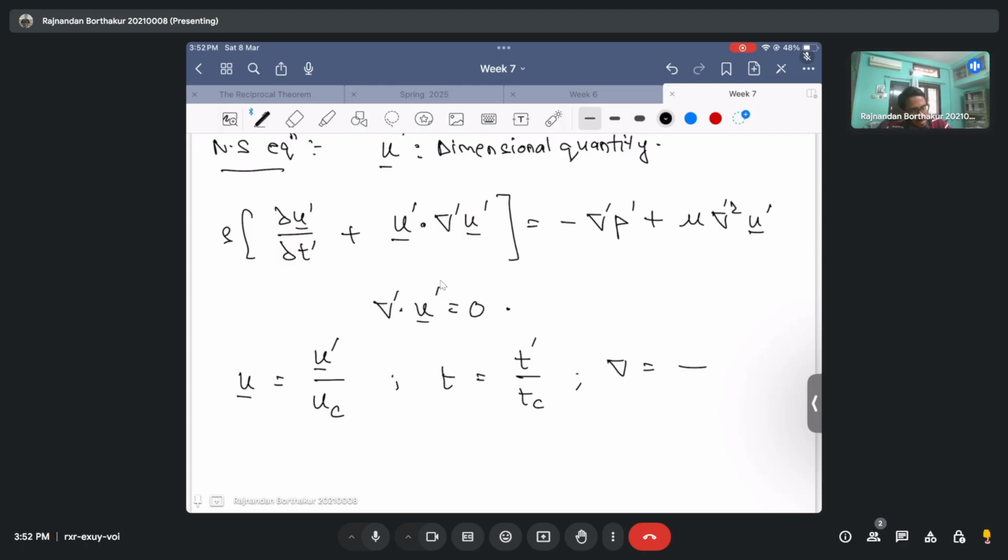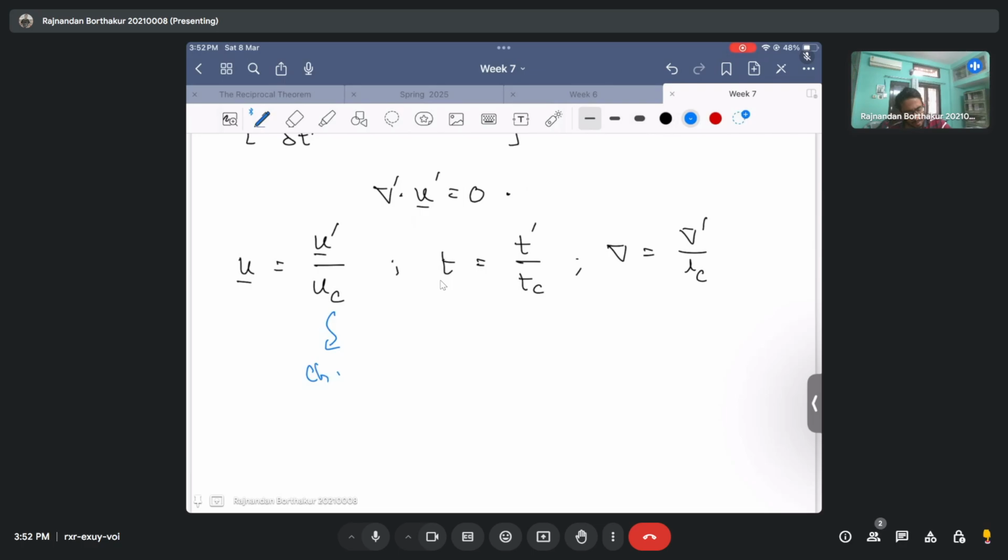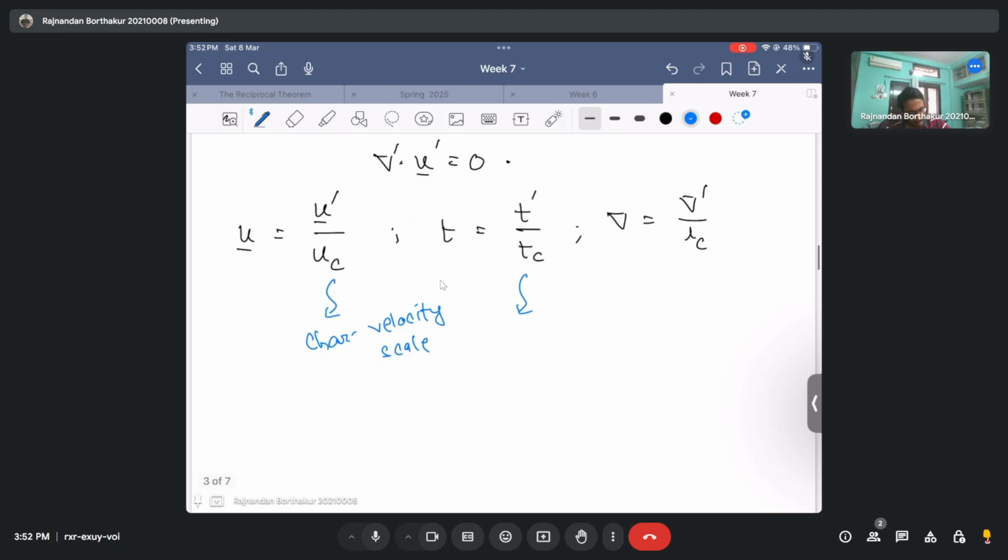And then my dimensional gradient would be the non-dimensional gradient by LC, where LC is nothing but my length scale. Needless to say, but I'm just writing it: this is my characteristic velocity scale, this is my characteristic time scale, and this is my characteristic length scale.